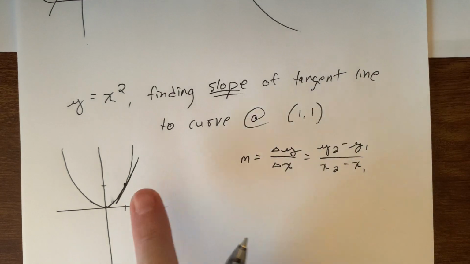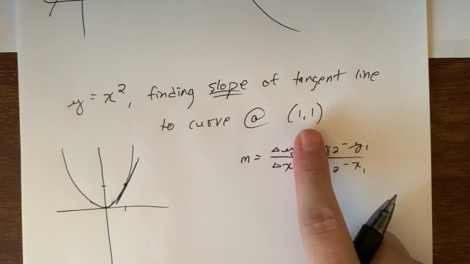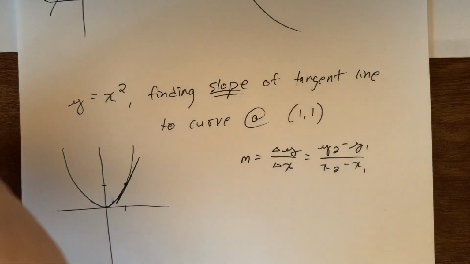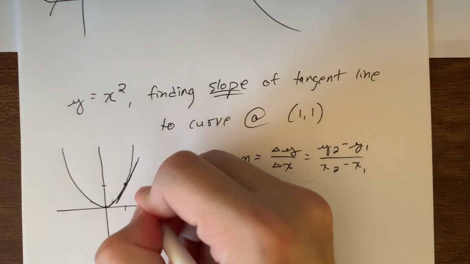And that takes me back to here. My problem with this tangent line is I only have 1 point. How do I get a second point to figure out the slope? And this is where the trouble comes in. I'm going to start off in almost a terrible way. I'm going to change the color of my pen here just so we can see this a little better.